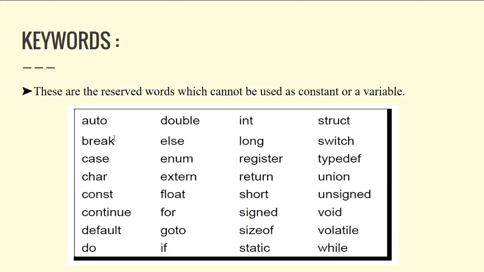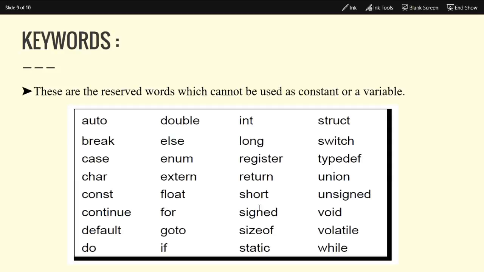So you can't use these. There are 32 in total. As our need goes on, we will learn each of these keywords, and it is not too difficult once we start learning. So these are the 32 keywords of the C language, and these are reserved words, so we cannot use them as constants or variables.